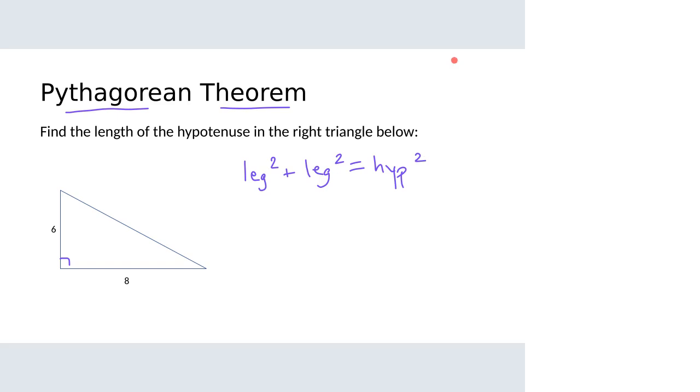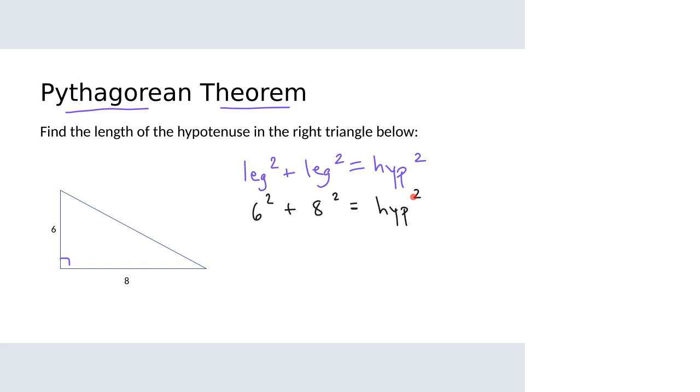So when I put numbers in, I'll have leg squared. It doesn't matter which leg we put first. I'll go ahead and do the 6, and the other leg is 8. The thing that I'm looking for here is the hypotenuse. So I have 6 squared plus 8 squared is hypotenuse squared. Now I've got an equation that I'm going to solve. As you all know, we don't do a ton of algebra in here.